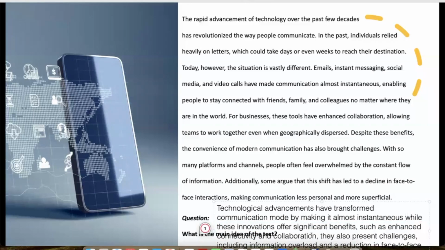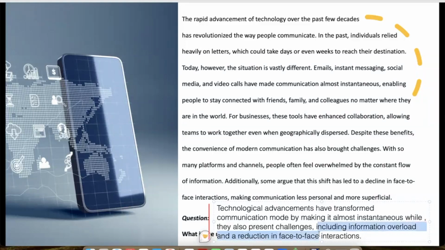While these innovations offer significant benefits, okay, we just talk about them. They also present challenges in what? Regarding human interactions.